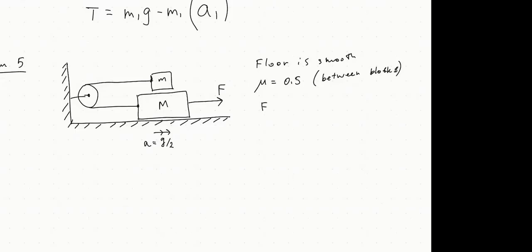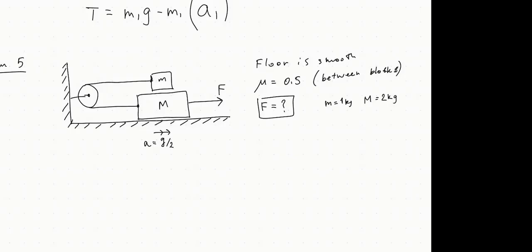What you need to find is the force F. What is the force needed to pull the bottom block to the right such that the acceleration of that block is g/2? And we know that small m is 1 kilogram and big M is 2 kilograms.